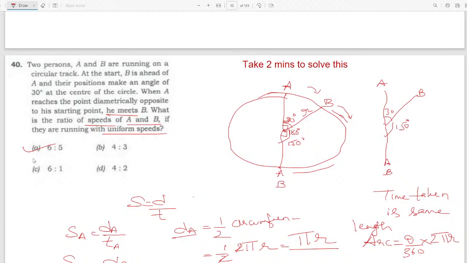I hope this is clear. If there is any doubt, please ask. Else we'll take one last question before ending the session.